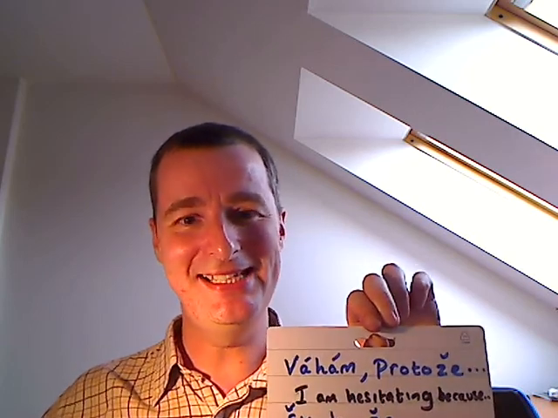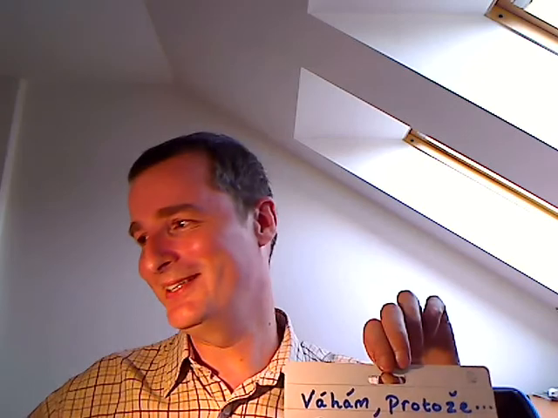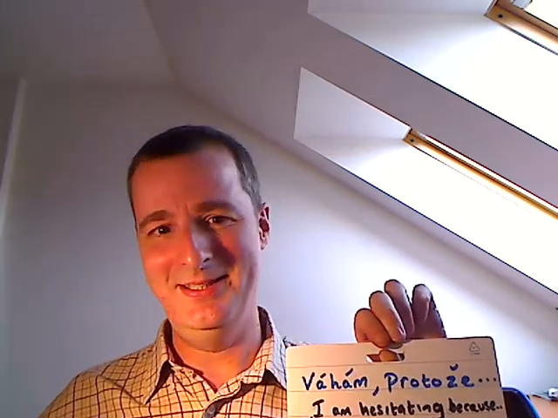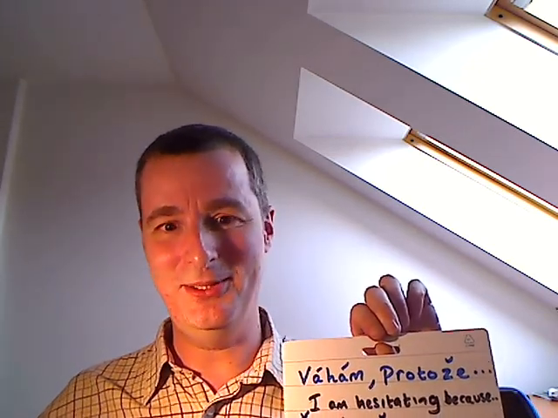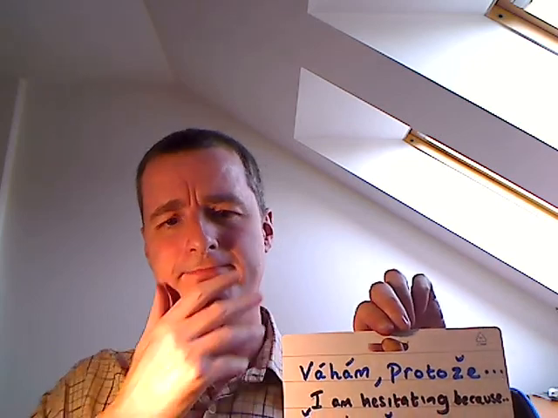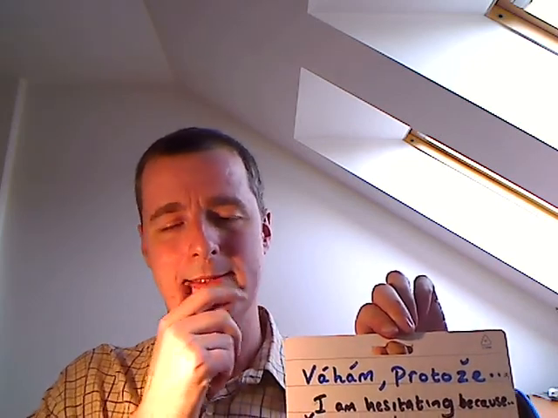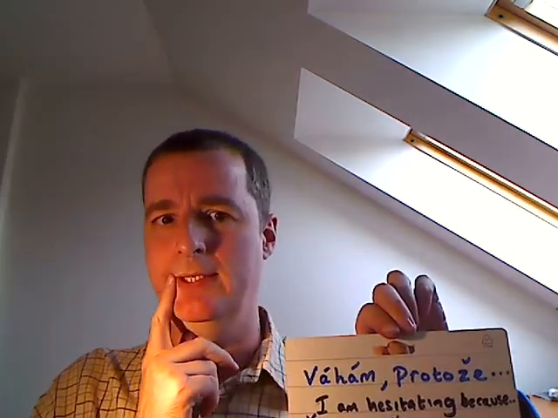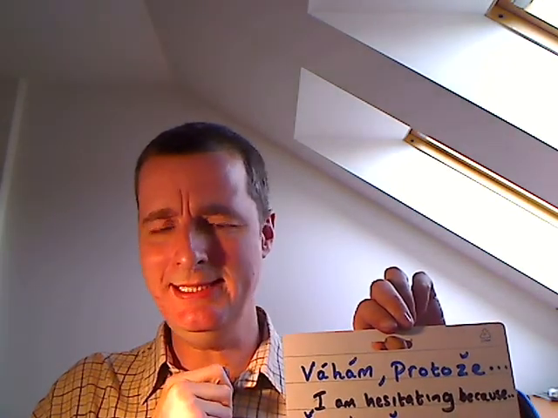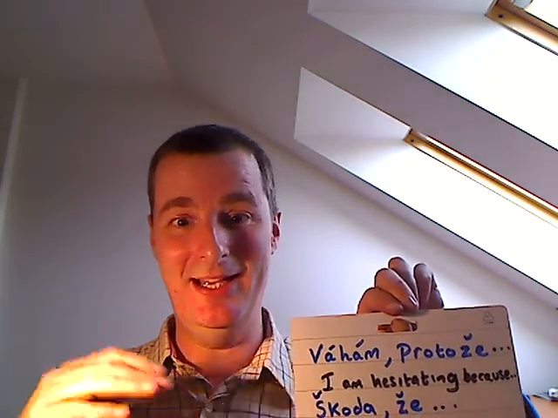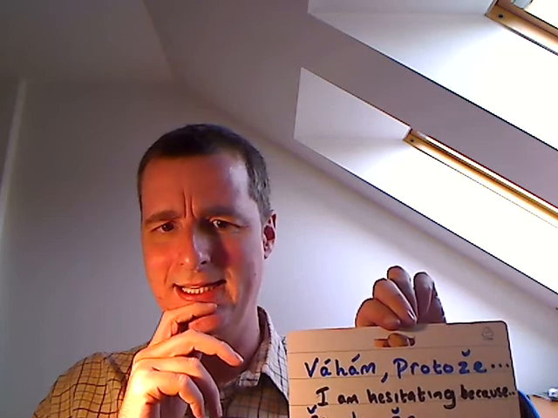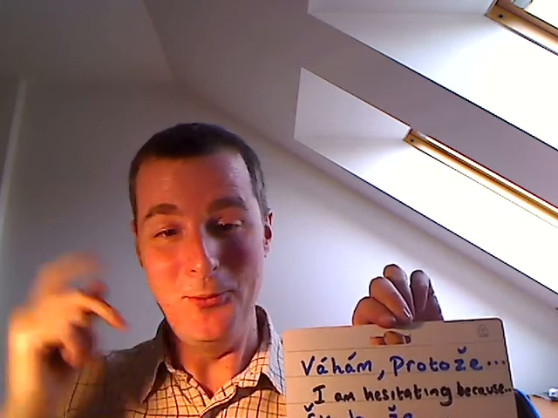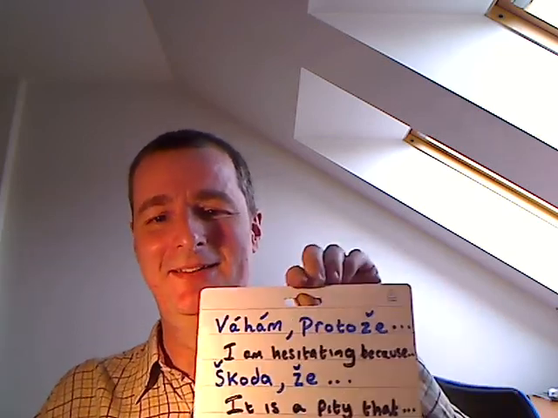So I'm hesitating because. So they ask which one you want. You can say, váhám, protože já vůbec nejsem si jistý. I'm hesitating because I'm not at all certain. While you're thinking of the words, a bit of a trick there.